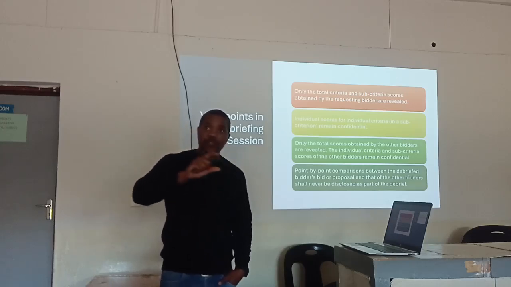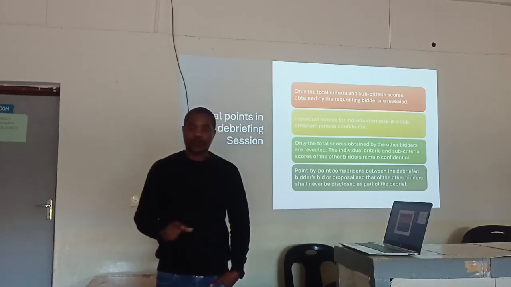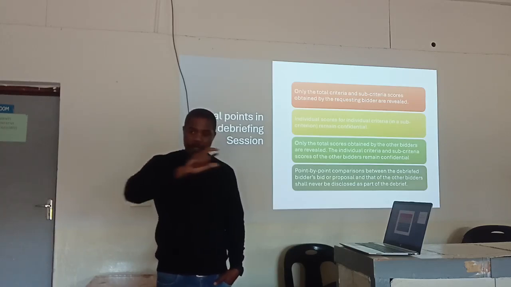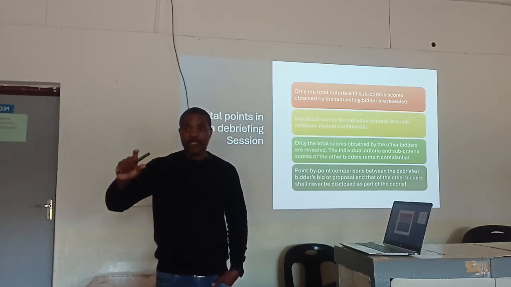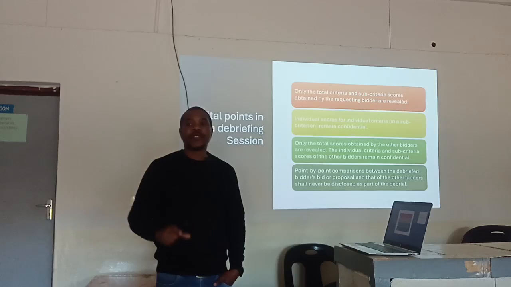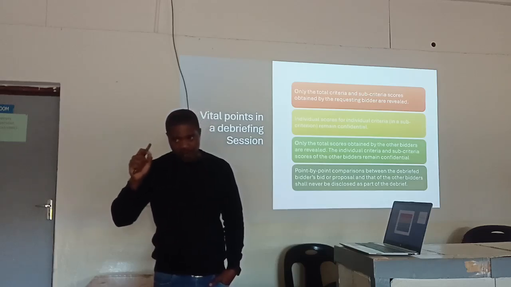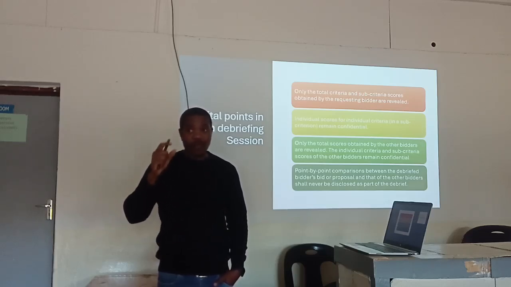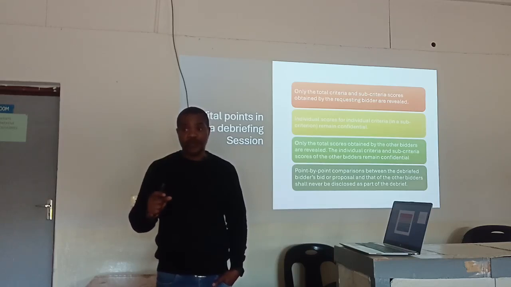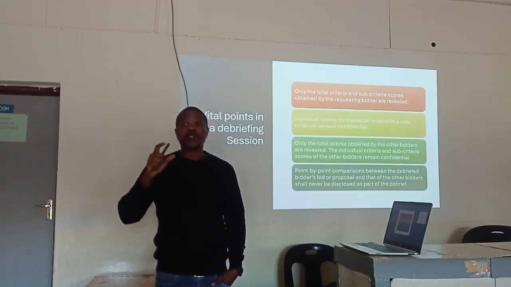The evaluation went like this: preliminary evaluation, 20 bidders, 6 of them failed preliminary because of reasons A, B, C, D, E, each one of them giving the reasons why they failed. That means you're remaining with 14.